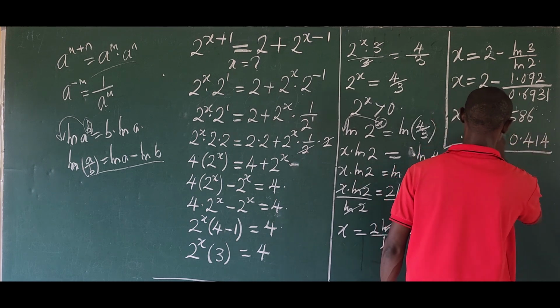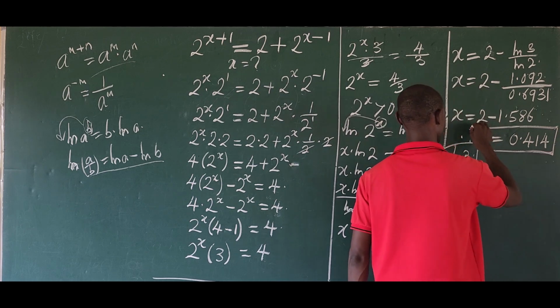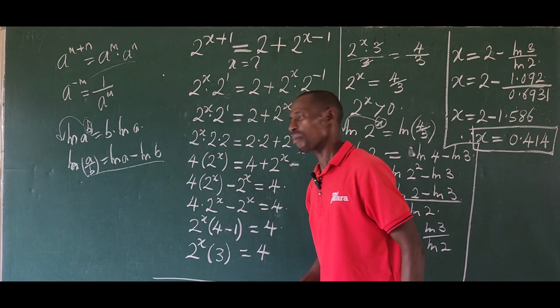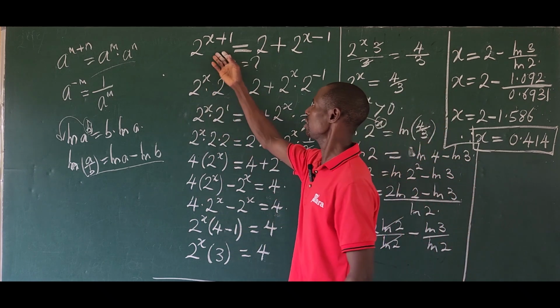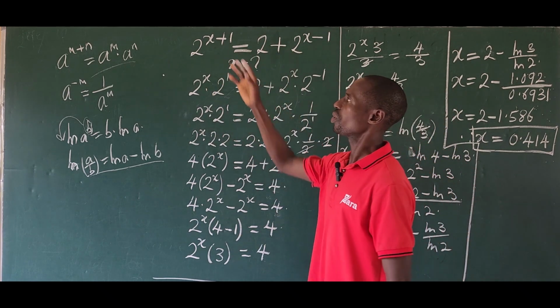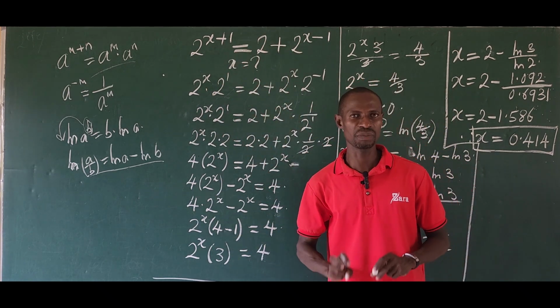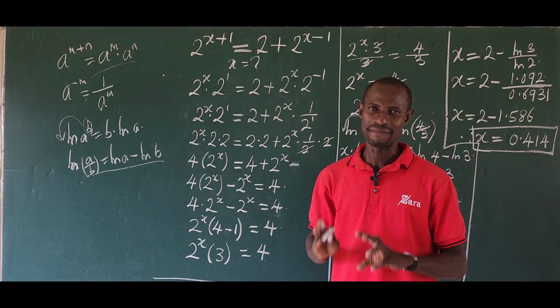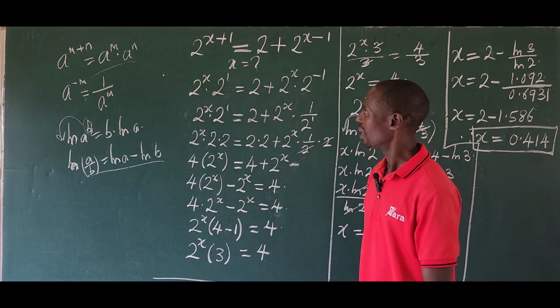So this is the value of x that will actually satisfy this original equation. But if you input these values into this system, you're going to have what is called the approximate value. Not exact values, but approximate values, very, very close to each other.